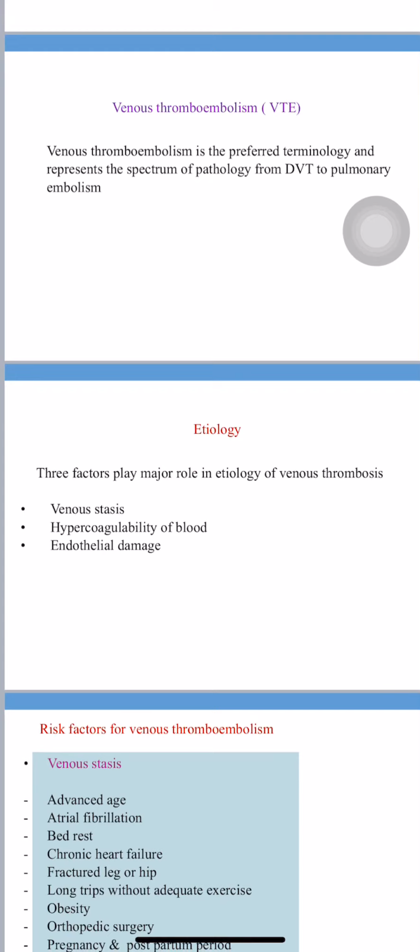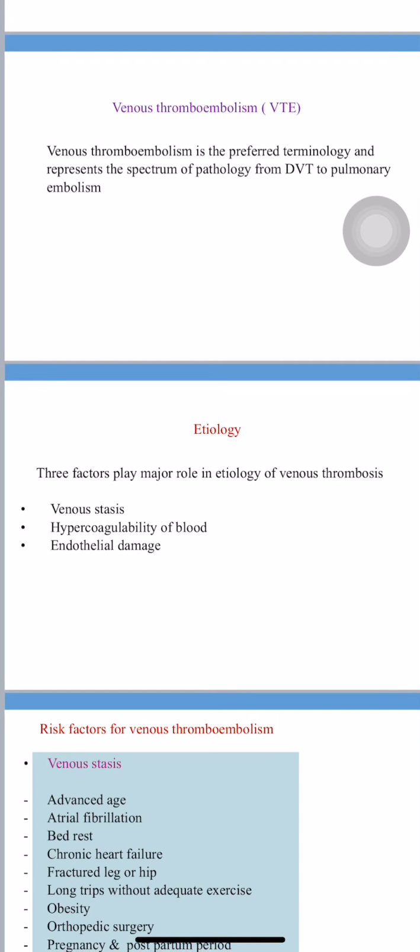These are three critical factors important in the development of venous thrombosis. That's why these three factors are together known as Virchow triad. And the patient at risk for development of venous thromboembolism usually has a predisposing condition to these three factors.